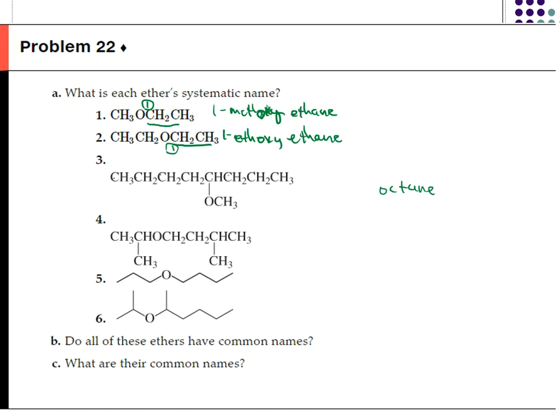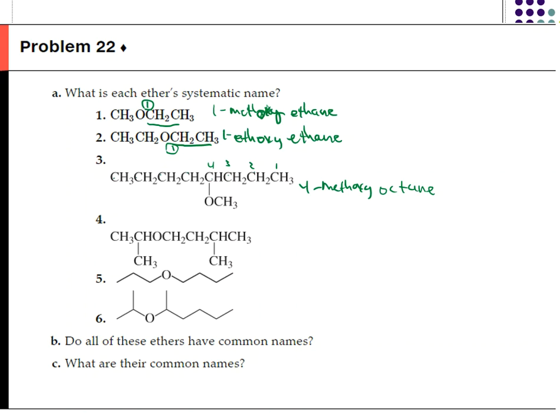If I start left, that's a 1, 2, 3, 4, 5. If I start right-handed, that's a 1, 2, 3, 4. So this is going to be a 4 something, because that gives me my lowest group number. And this is a meth and an oxy. So this is a methoxy octane, 4-methoxy octane.